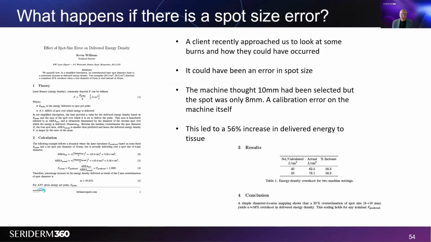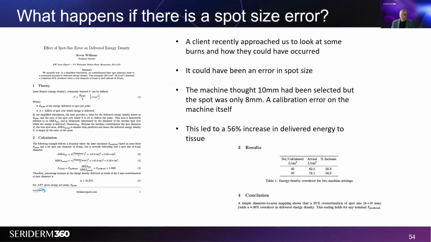But actually, because they created a burn, a company went in then to calibrate the machine. And what they showed is that the machine, instead of it being a 10 millimeter spot, was actually only 8 millimeter. There was a calibration error on the machine. So whilst you touched the screen and it said it was 10 millimeter, the measured beam was only 8 millimeter.